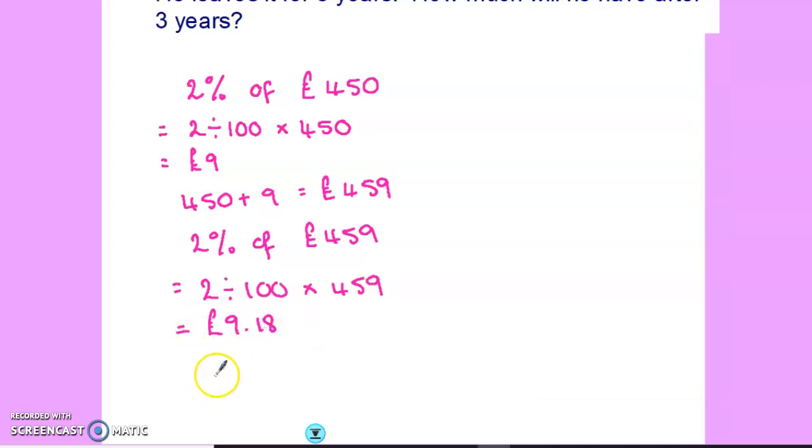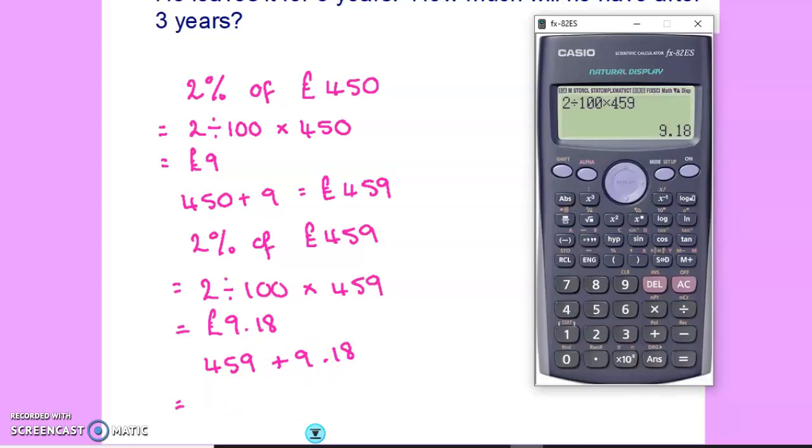So at the end of the second year, we have £468.18.